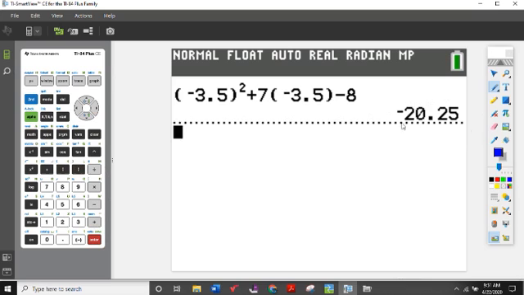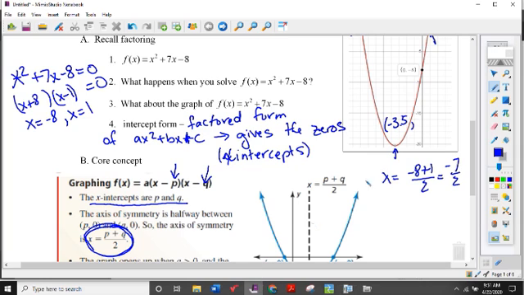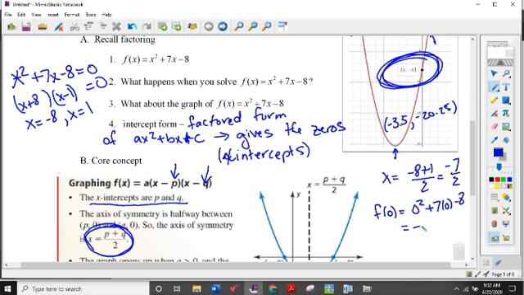So that gives me the y coordinate of the vertex as -20.25. And then you can see here is our y-intercept. And we find the y-intercept by plugging in 0 for x. So the y-intercept is found by doing 0 squared plus 7 times 0 minus 8. Or you can remember that the c in our equation is always the y-intercept.